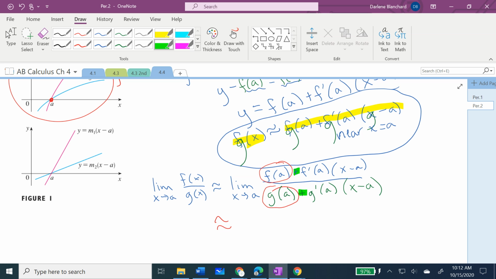With those two being equal to 0, I can cancel x minus a, and I can say that this limit is approximately the same thing as the limit as x approaches a of the derivative of f at a over the derivative of g at a.